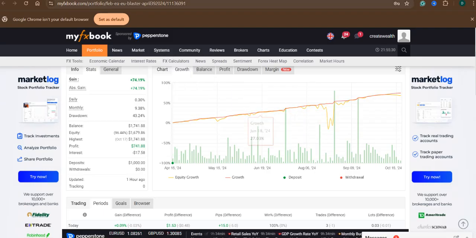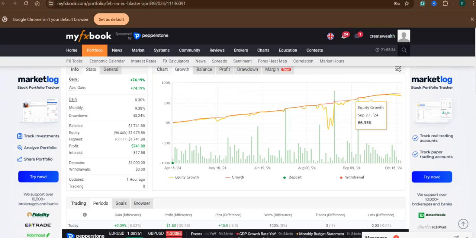So here is the MyFxBook page of EU Blaster. You can see that we started from April 15th, and today it's 17th of October. The maximum drawdown within these 6 months is 43.24, and the monthly return is around 9.38%, and daily is around 0.30%.